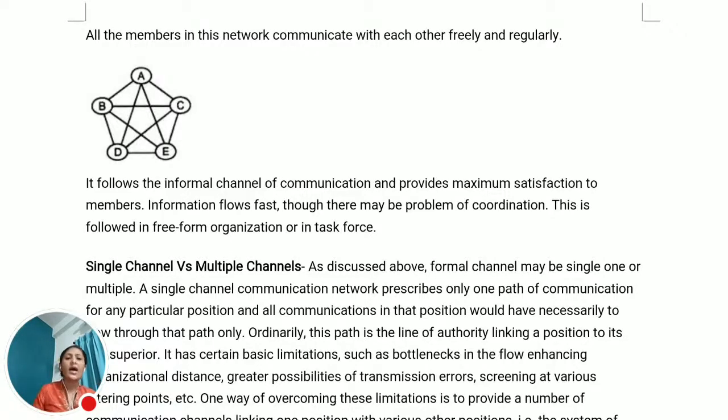In star channel, I want to tell you one more thing, that every type of communication is possible. So the communication flow is very fast, and there is no problem in coordination among the group members. There may be a problem of coordination because sometimes A has communicated already to E and C also repeated the same information.